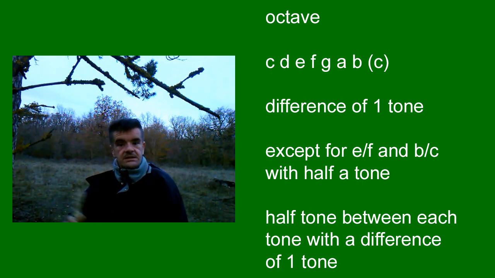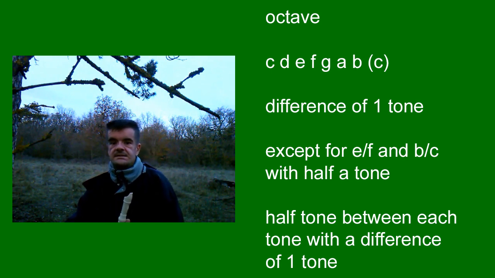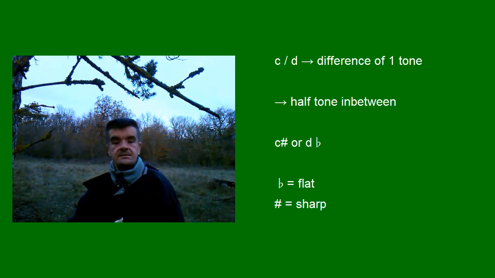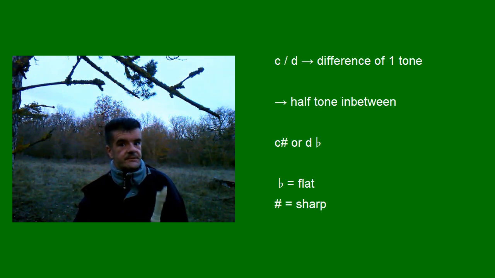Now we have all those half notes between C and D and so on. They have a name. Let's focus on C and D. The half note between C and D is called either C sharp or D flat. Why? Either you take the upper note and call it upper note flat, in this case D flat.